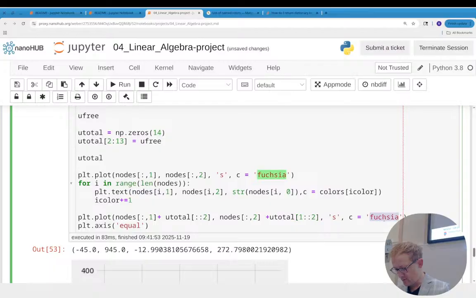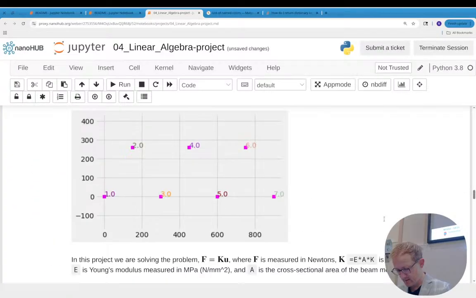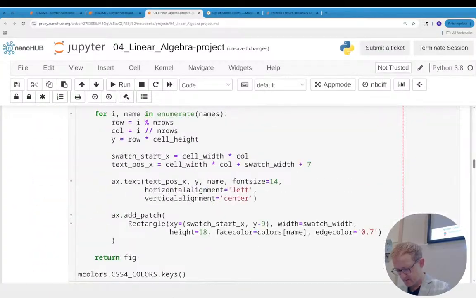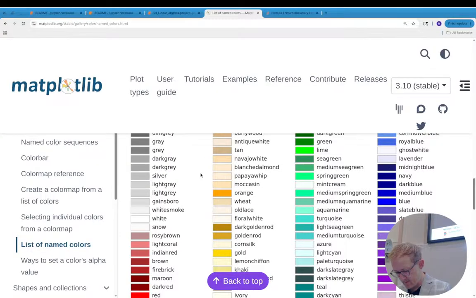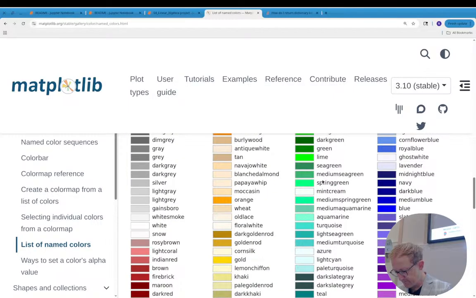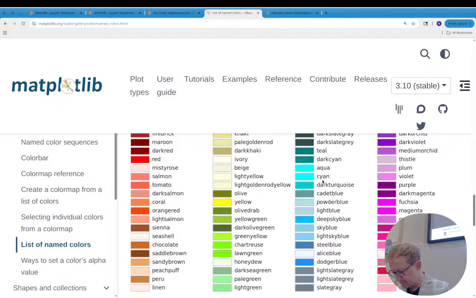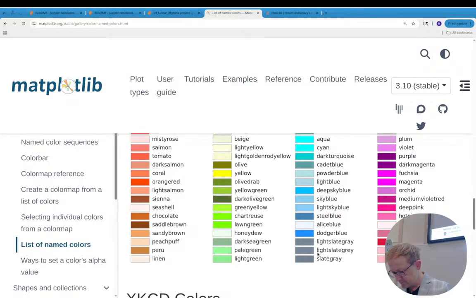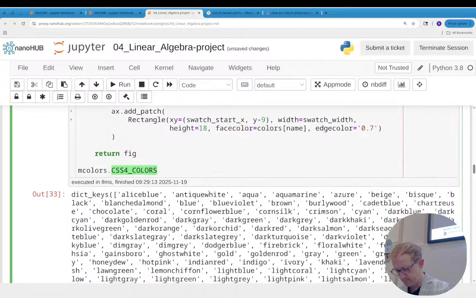And instead of fuchsia, what other colors we got? Let's go with a deep sky blue.